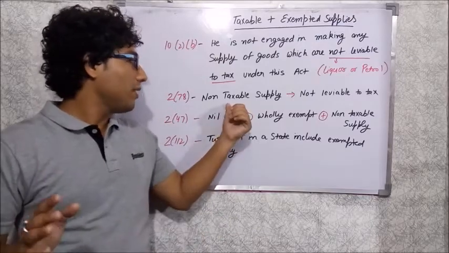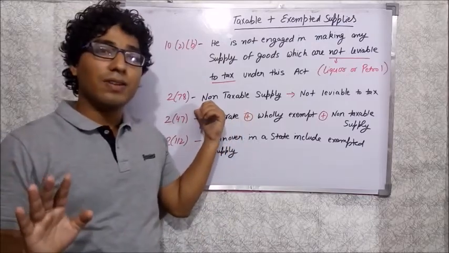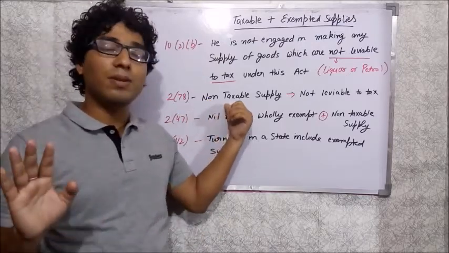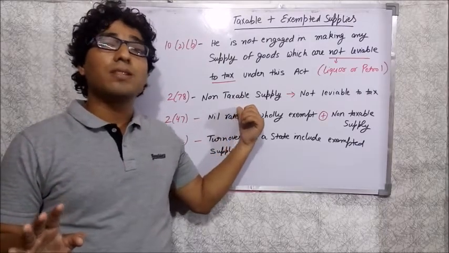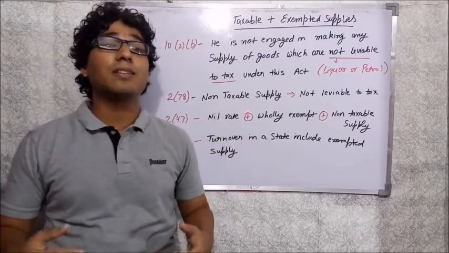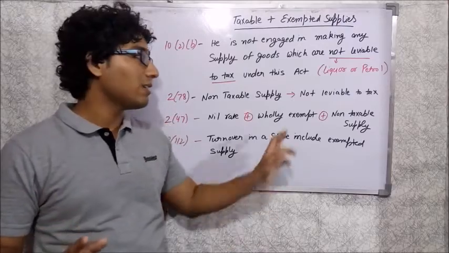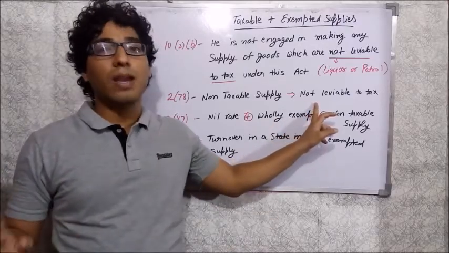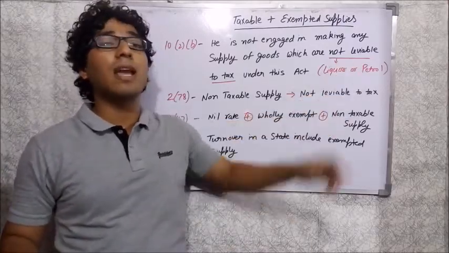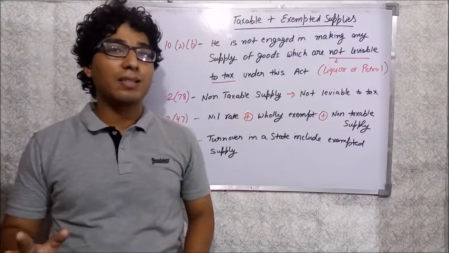The definition under section 2 subsection 78 is regarding the non-taxable supply. The non-taxable supply definition says that non-taxable supply means those supplies which are not leviable to tax. So not leviable to tax means non-taxable supplies.